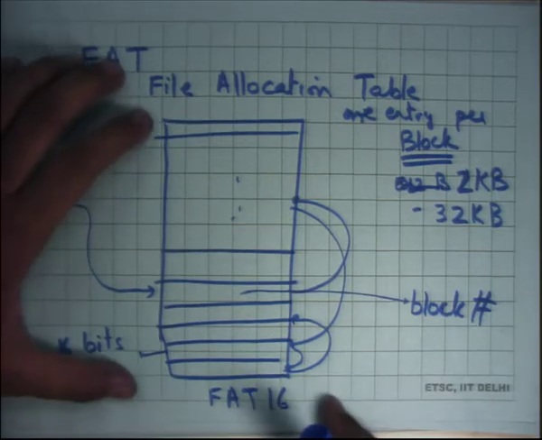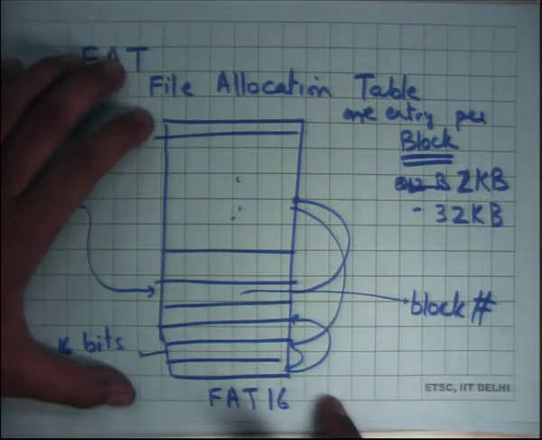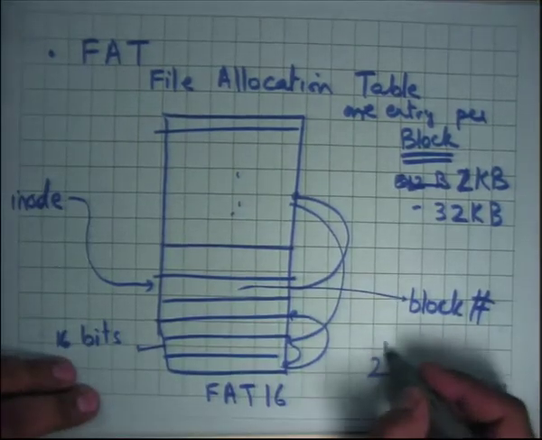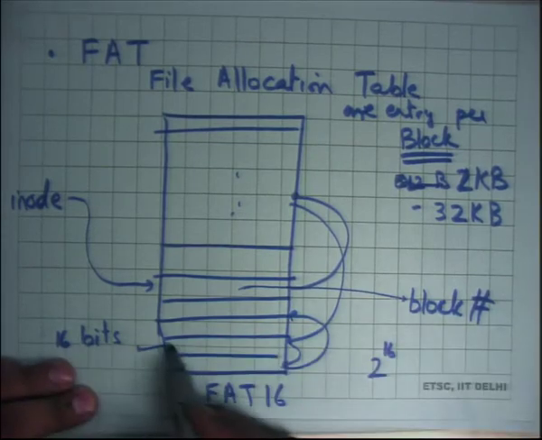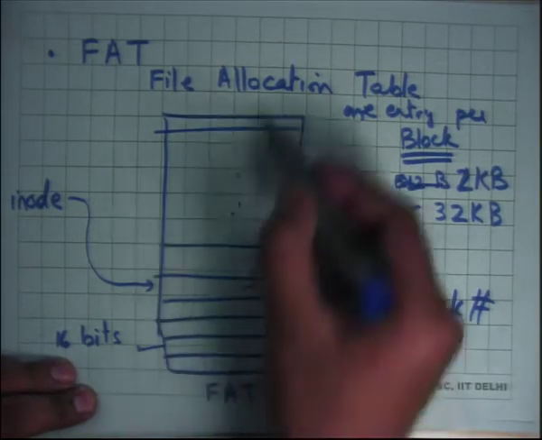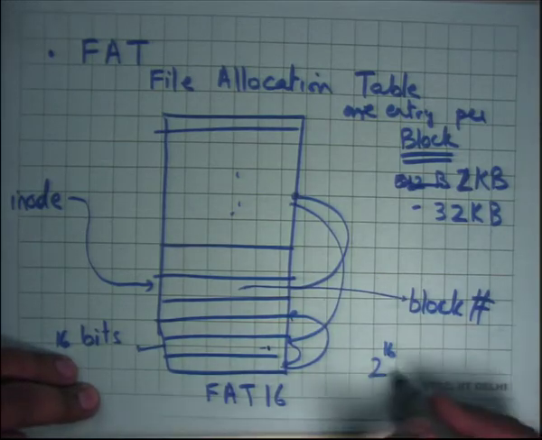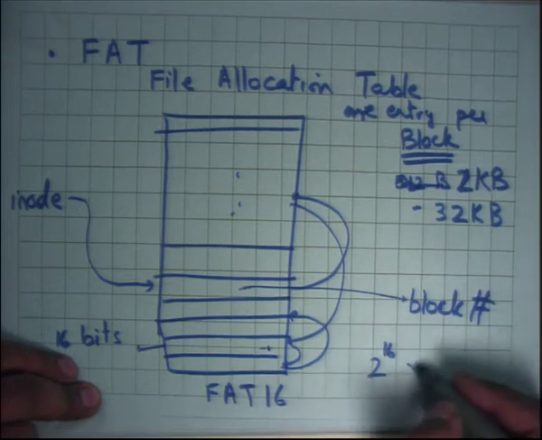You could have at the most 2 to the power 16 blocks in your disk, each block being, let's say, 2 kilobytes. If the entry size is 16 bits, the maximum size of the table can be only 2 to the power 16 entries, right? That's the number of unique blocks that you can address. So that's 2 to the power 16 blocks times the size of the block.